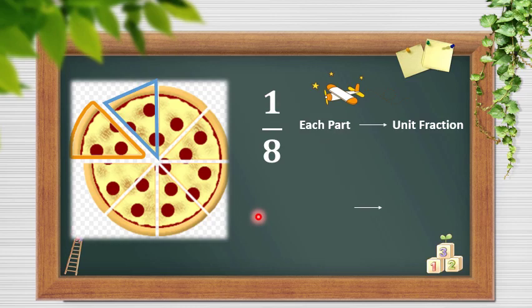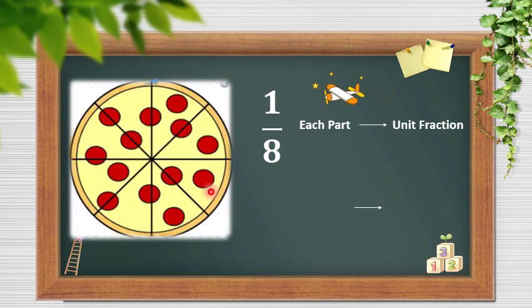Now quickly tell me, I have to write the fraction for all the parts, for the whole. So my numerator will be, excellent, same as the denominator. Very good. So for the whole, my fraction will be 8 of 8. 8, the numerator, is representing all the parts.